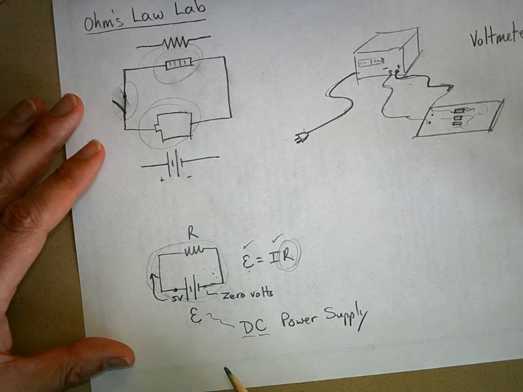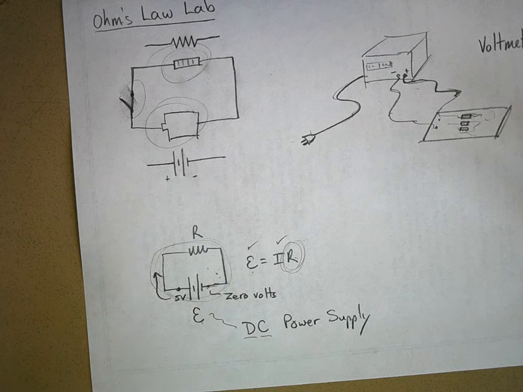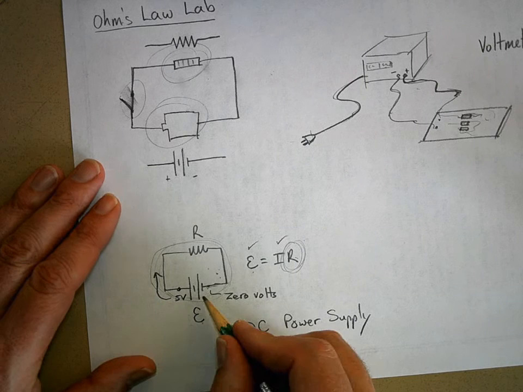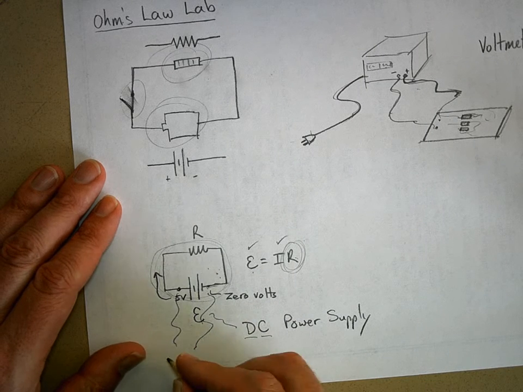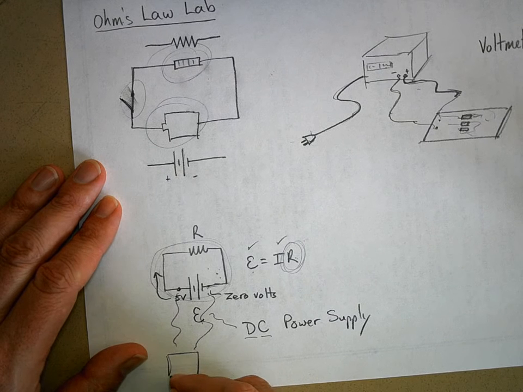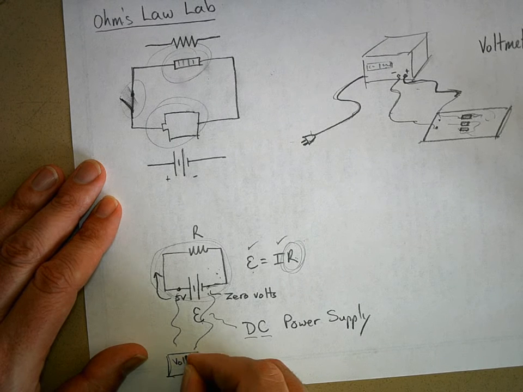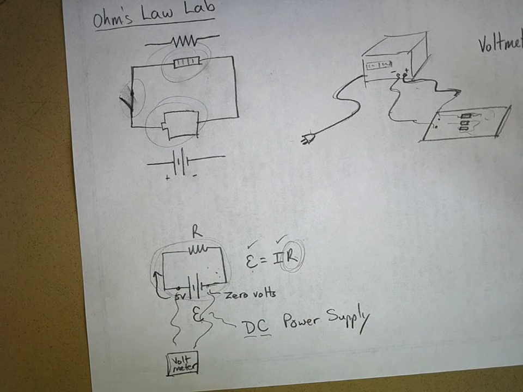Now, if I want to measure what the voltage increase is for the DC power supply, what I have to do is put the black lead here and the red lead here on my voltmeter. Here's my voltmeter. A meter, not meter as in length, but a meter as in an instrument that measures something.